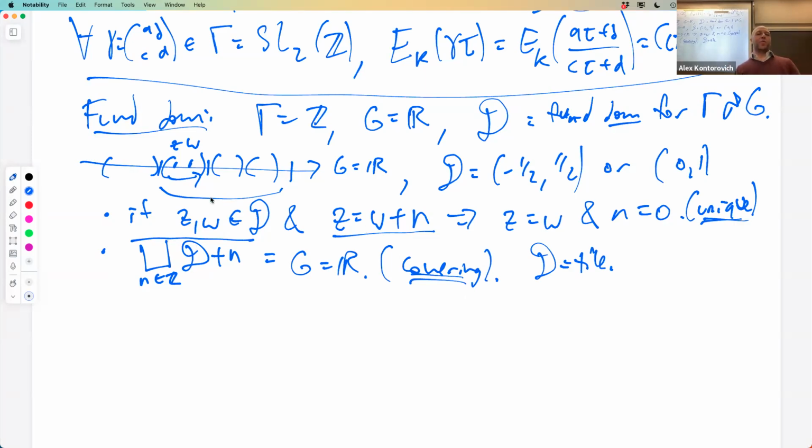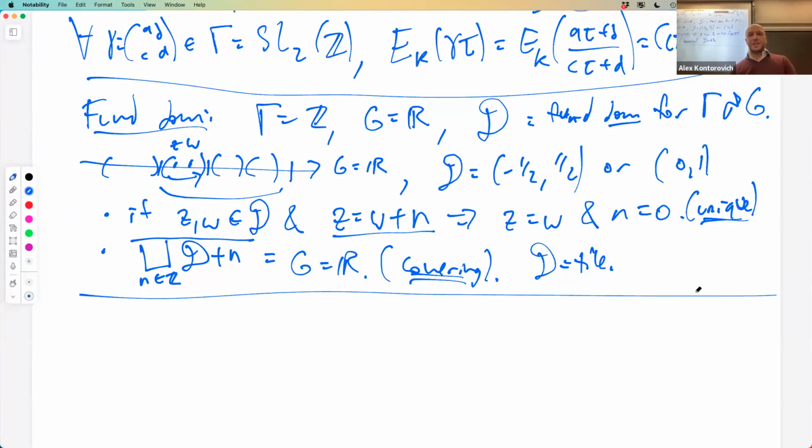There's all kinds of different choices you could have made in making this definition that would all be equivalent. Maybe they're closure tiles, but this happens on a set of measure 0. You can worry about the boundary or not worry about it. You can say they include 0 but not 1 if you want an exact tile. People make all kinds of different choices. This choice is good enough for us.